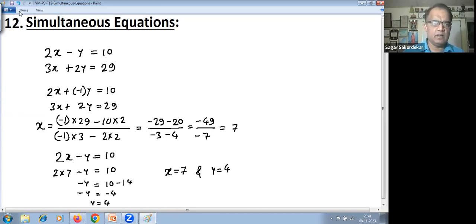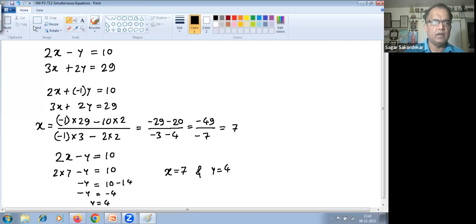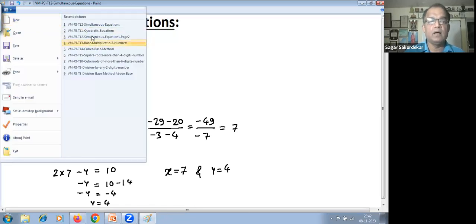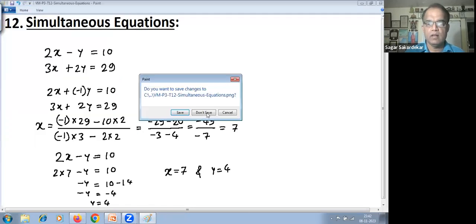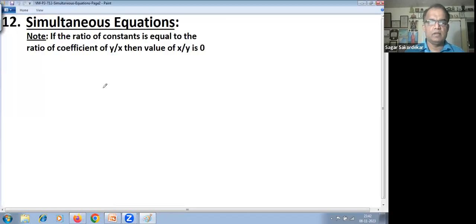Okay. So next we'll try to learn something more about simultaneous equations. Just go through this note. If the ratio of constants is equal to the ratio of coefficient of y or x, then the value of x or y is 0.